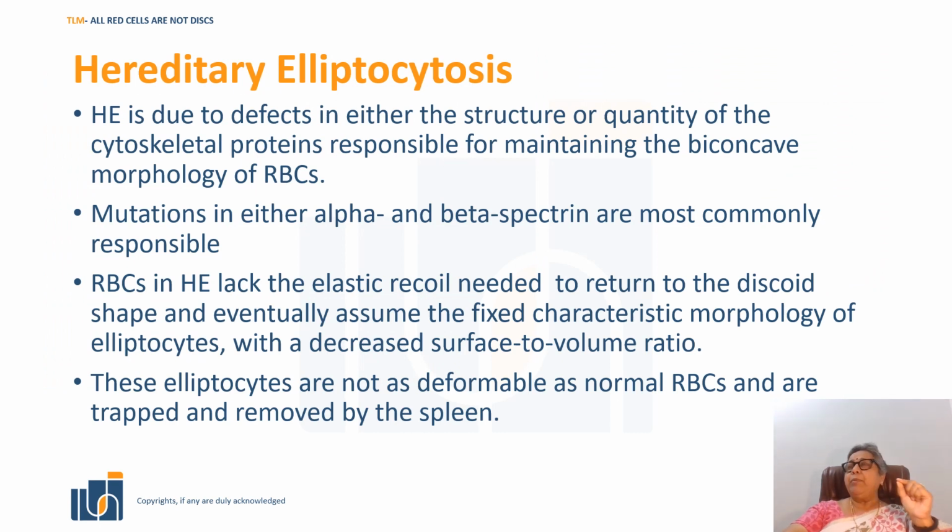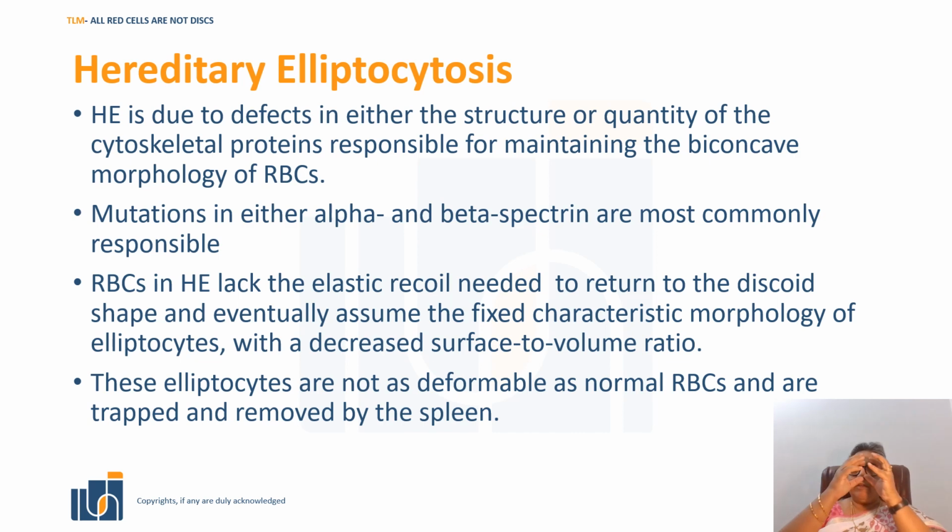Now, a little bit about hereditary elliptocytosis, because this is a condition which, unless you know about, you will not be diagnosing it. So you should not confuse it with iron deficiency anemia. So HE is a membrane disorder, and it is due to a defect in either the structure or the quantity of the cytoskeletal proteins which make up the membrane of the red cell.